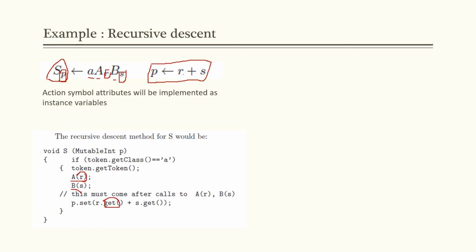If you see the grammar without the attributes, it only goes like this: S goes to A, A, B. So without any meaning.